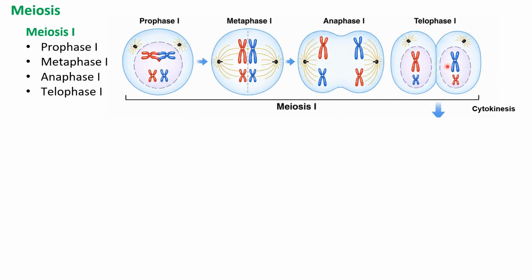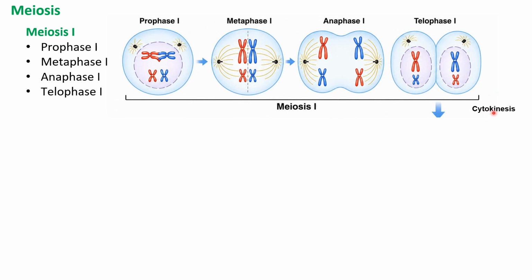When the cell moves to telophase I, chromosomes reach the opposite poles and nuclear envelopes are reformed. Then the cell divides into two haploid cells. Each daughter cell contains 1/2 the number of chromosomes in the original parent nucleus, but each chromosome consists of two sister chromatids joined at their centromeres.